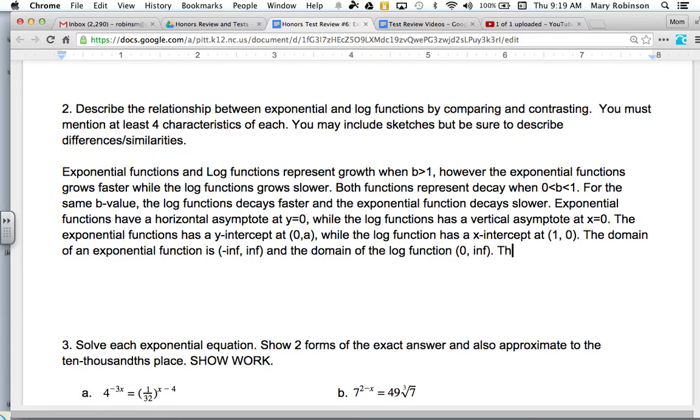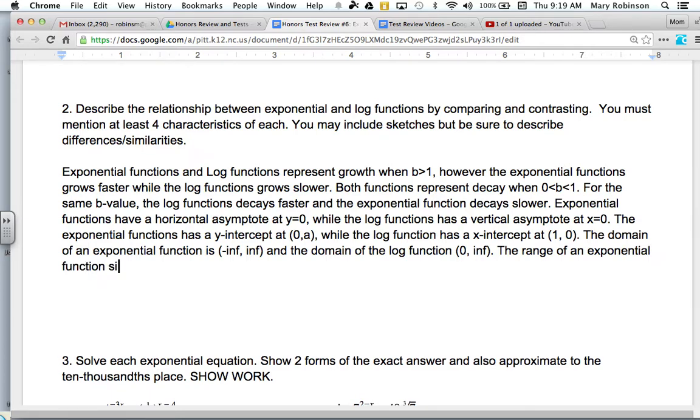You could also talk about the range. The range of an exponential function is 0 to infinity. So I'd want you to show that the domain and the range are switched. While the range of a log function is negative infinity to infinity, because it goes up and down forever. So that's another set of characteristics you could mention.